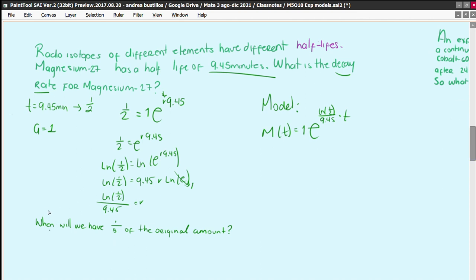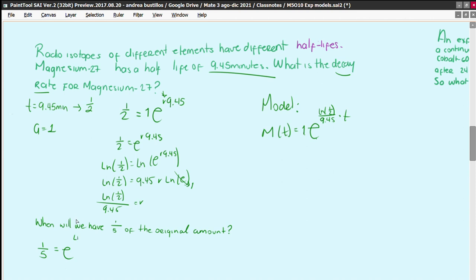Now, if I want to know when I will have 1/5 of the original amount of magnesium 27, what am I being asked? I'm being asked about time. So I'm going to plug the amount I'm given into the model. Notice that 1 times e is just e.